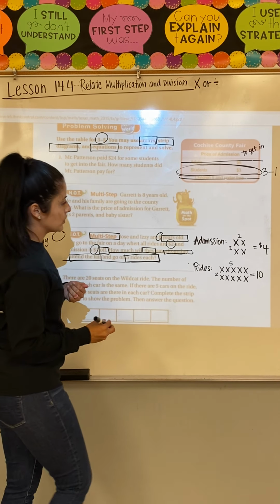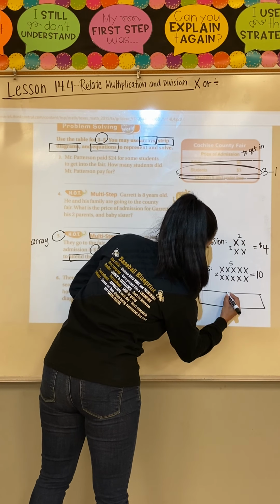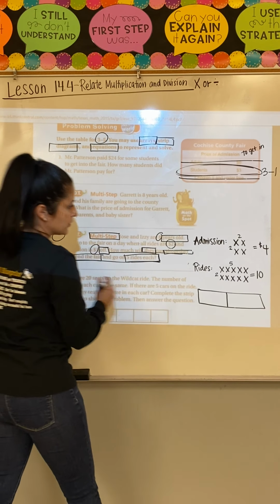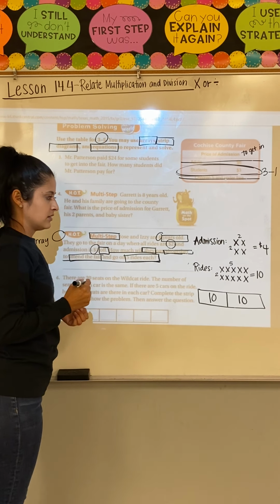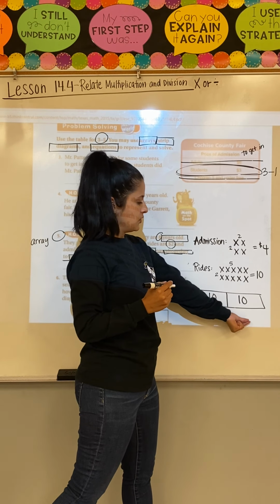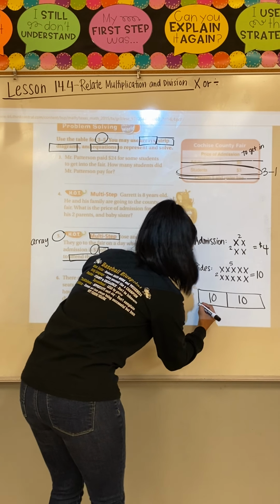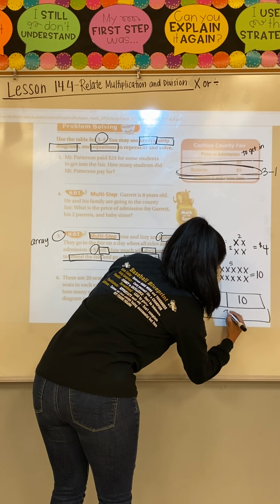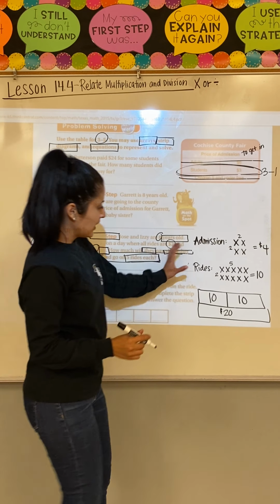Let's show that in a strip diagram. $2 for each ride, and we're doing 10 rides. Well, what's 10 times 2? Well, 10 plus 10, or 10 two times, is 20. Now, 20 represents the price of the rides.